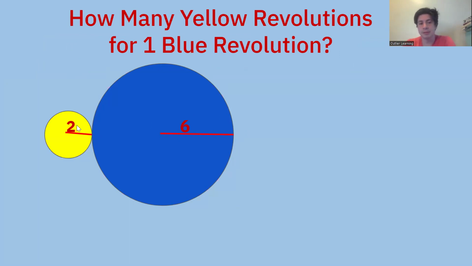So you can think about this as this rotating around, and how many times does this go around? So you can find, if this were laid out flat, the 6 circle, how far would it go? So you can do the circumference of the blue divided by the circumference of the yellow.